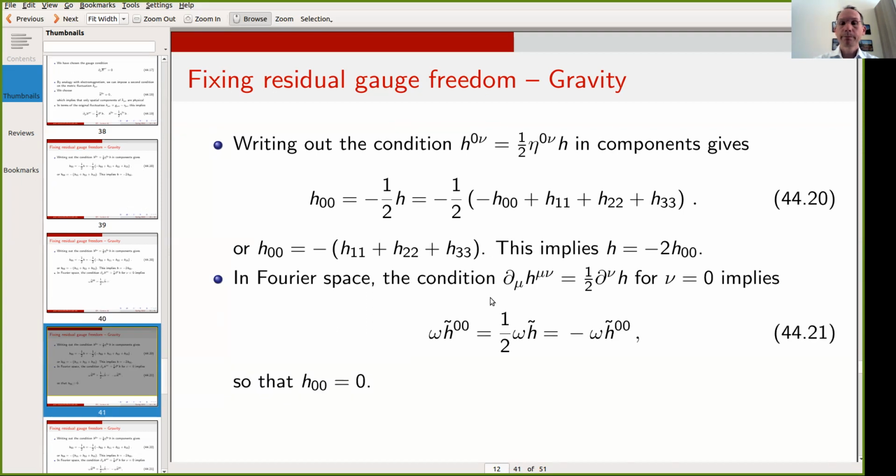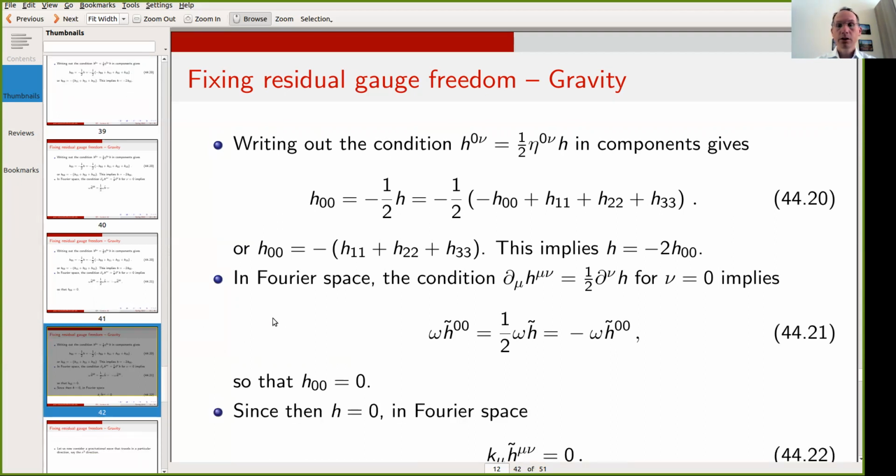And then what one finds is that since H here, according to this equation, is -2 H00, the right-hand side is equal to minus omega H00. So then we have omega H00 is equal to minus omega H00. And that means that the only solution to these two conditions is that the zero component of the metric field fluctuation is exactly vanishing.